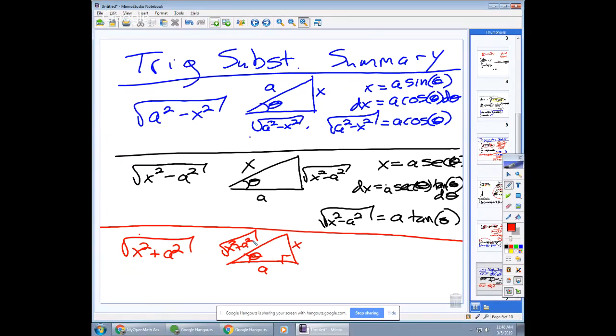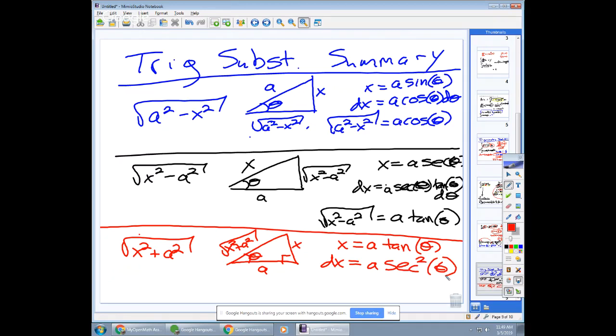Okay, the easiest things to put together here are x and a. What function most easily puts together x and a? Tangent. So our substitution here is x equals a tangent theta. dx, the derivative of tangent, is secant squared, and you forgot your d theta. Thank you.